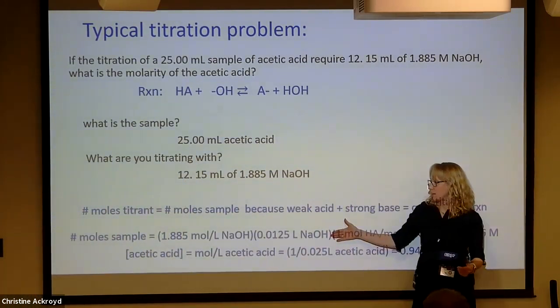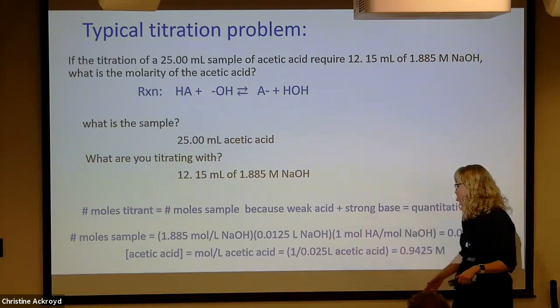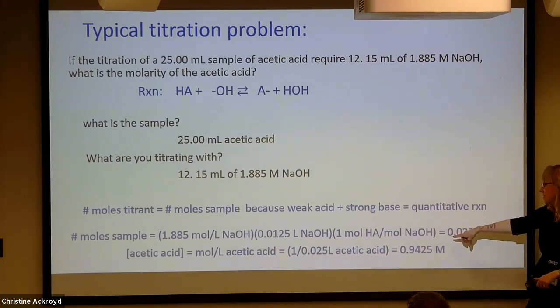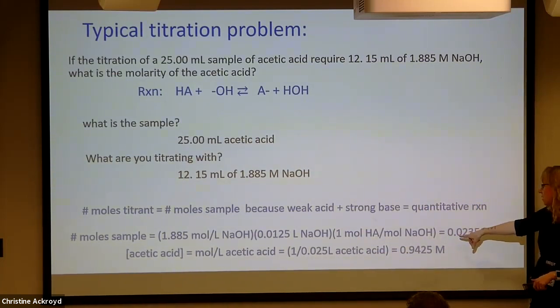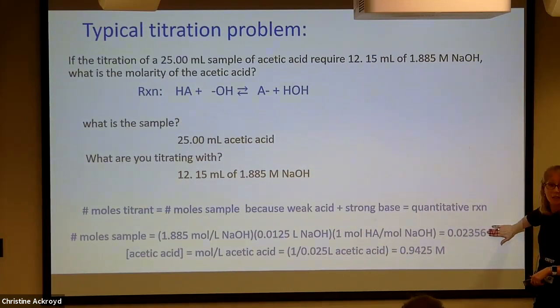What's going to cancel here? Our liters cancel, we're left with moles of sodium hydroxide. What's the mole ratio of sodium hydroxide to our acetic acid? 1. So that gives us 0.02356 moles of acetic acid, right?